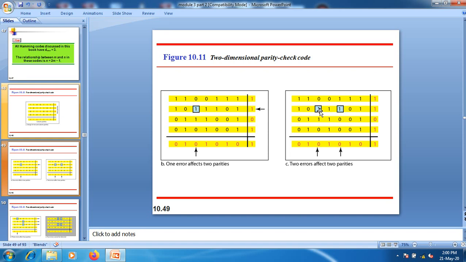In that case, if you add all these terms, the parity bit is affected in these two columns. We may not be able to detect the error from the row side, but the columns identify that these 2 bits are corrupted.